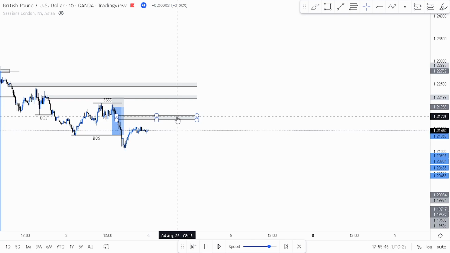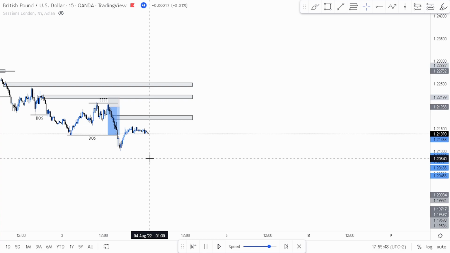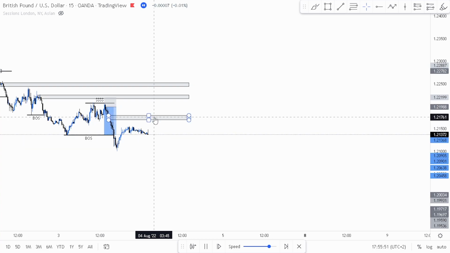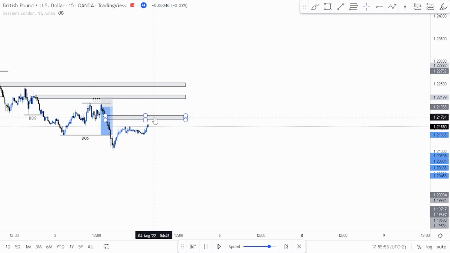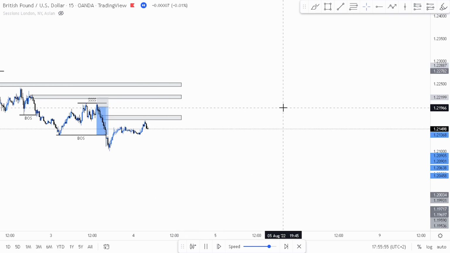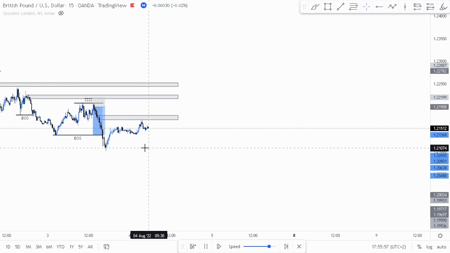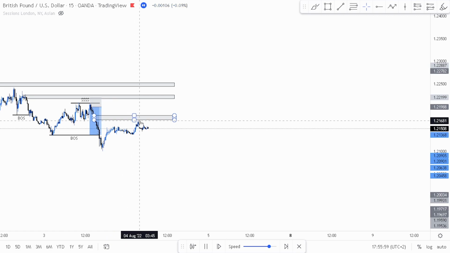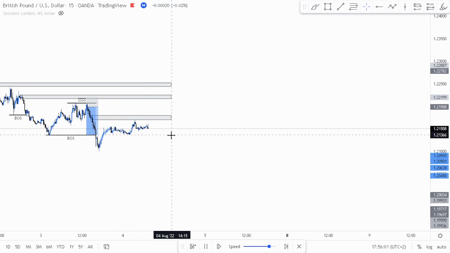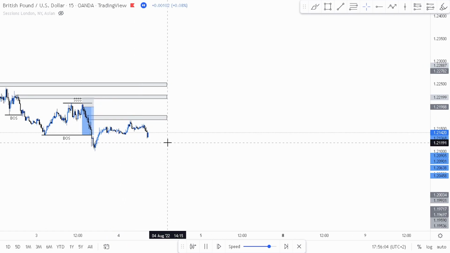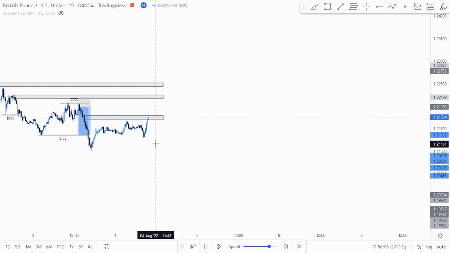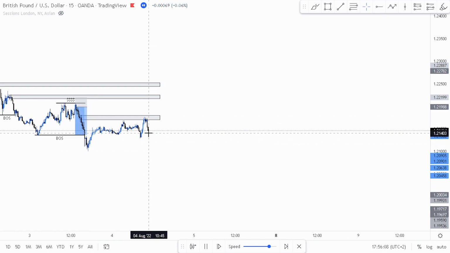So I want you to look at how price reacts to this level of supply. See what price does there? It gets to the level of supply, it starts dropping, convincing people that we are selling. So people start doing what? People start selling. They get caught on the wrong side of the market.